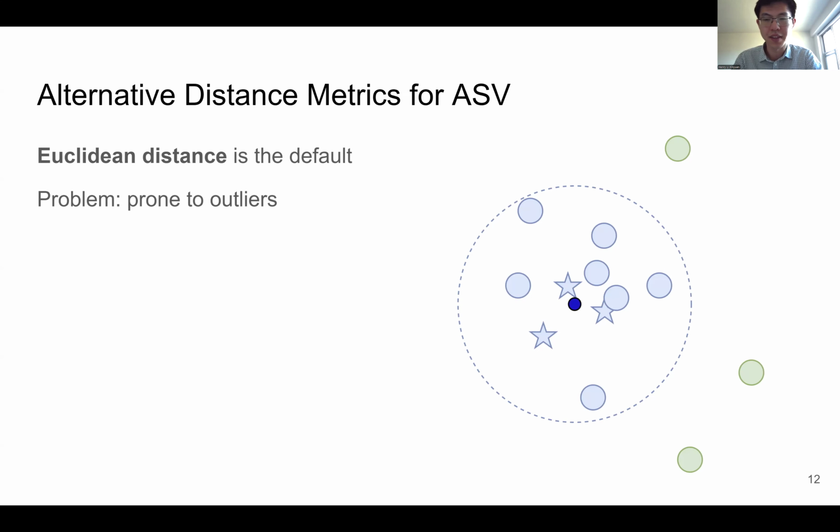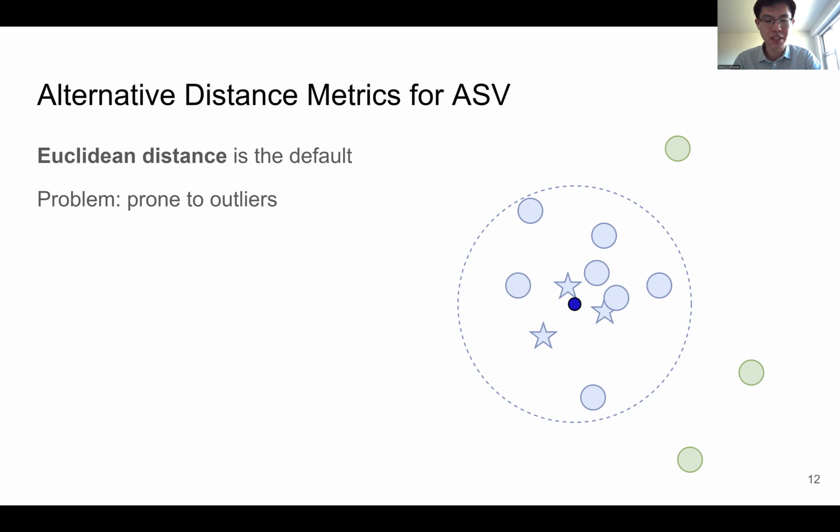So in this diagram, that would mean that all the blue circles, which are inside the big dashed line circle, or the threshold, get accepted, whereas all the green circles, which are outside the dashed line circle, which are too far away from the enrollment speaker centroid, get rejected.